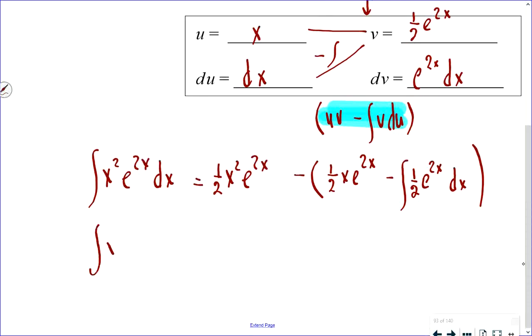So we get the integral of x squared e to the 2x dx equals 1/2 x squared e to the 2x minus 1/2 x e to the 2x. I'm perfectly aware that many of you could combine this step and the final step in one fell swoop, and that's fine. Just be careful. I'm not going to.